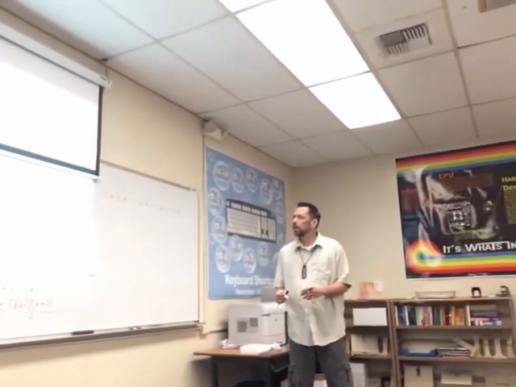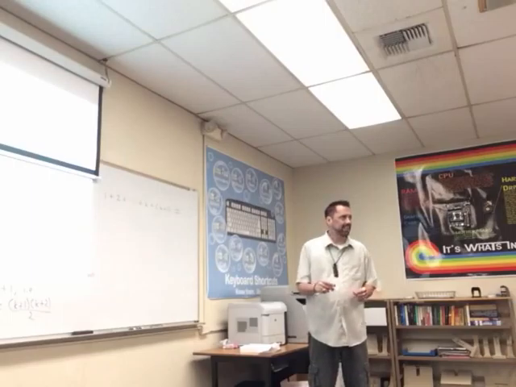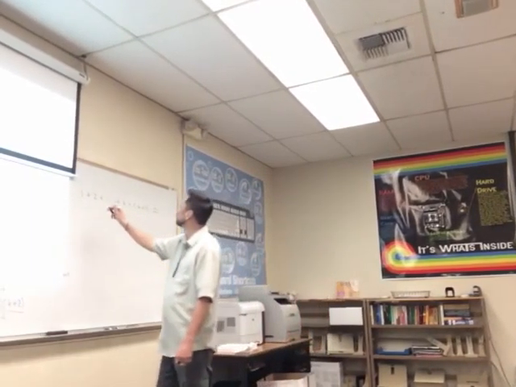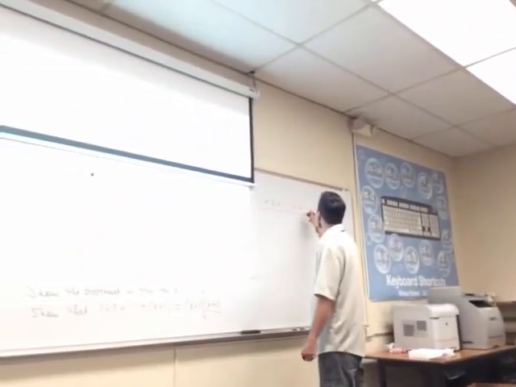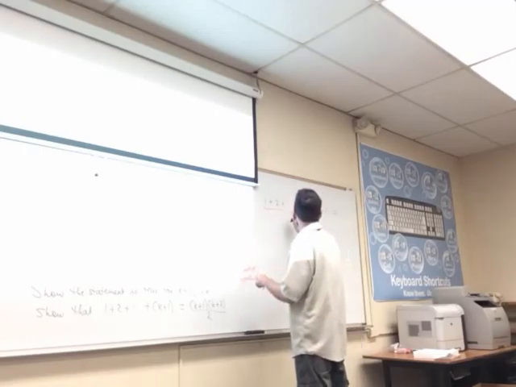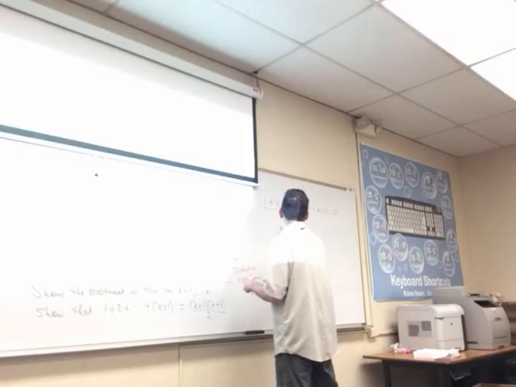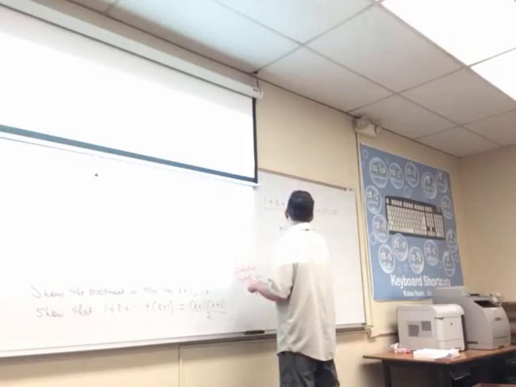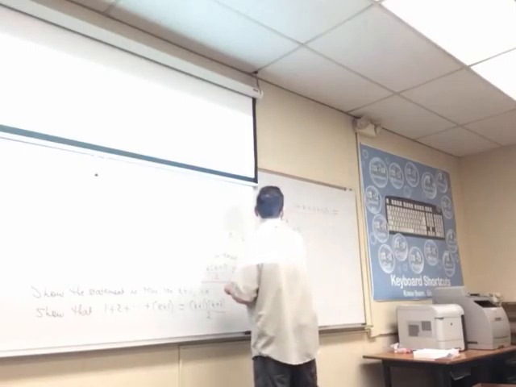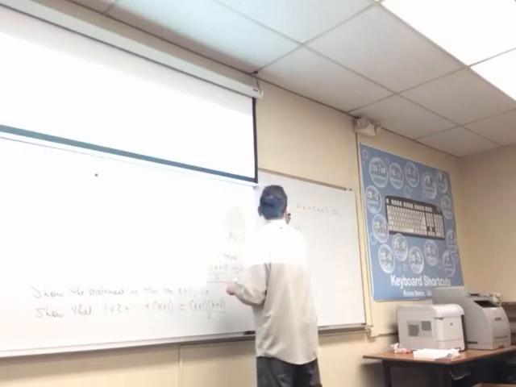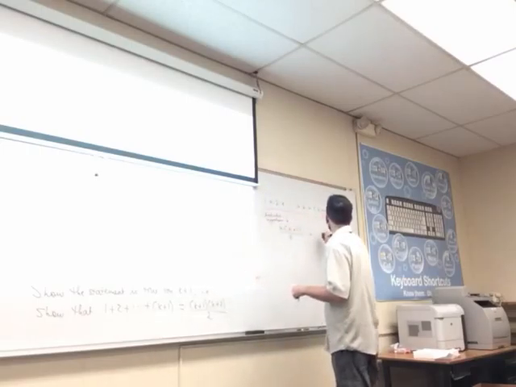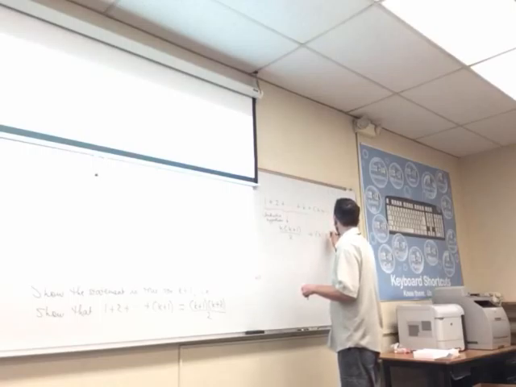Since we're assuming that that's true, that means I can replace 1 plus 2 plus blah, blah, blah up to k with k times (k plus 1) over 2. So we're using the inductive hypothesis right here. And don't forget there was an extra k plus 1 right there.